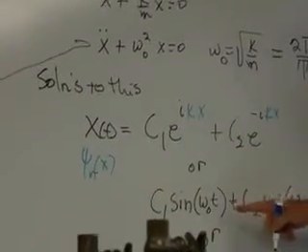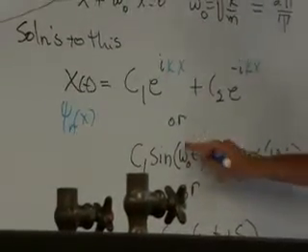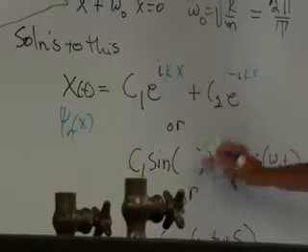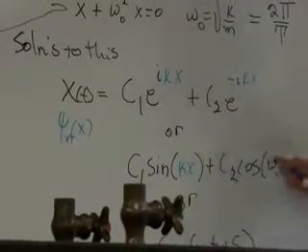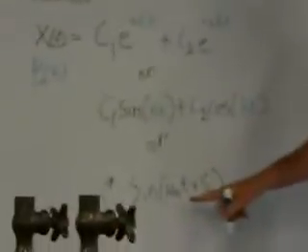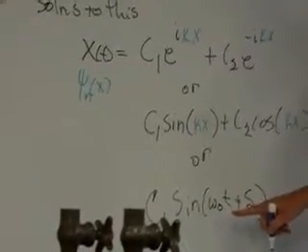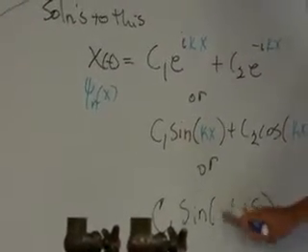Down here, what do we have? Omega naught t becomes kx. That's going to be kx. This is going to be kx. And the last one, just kx.